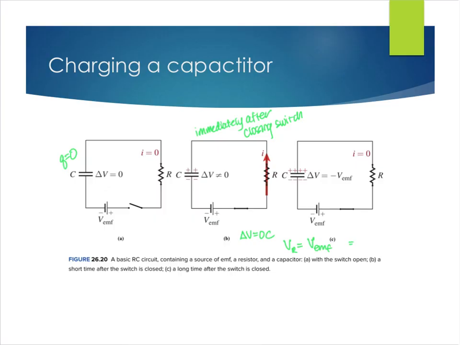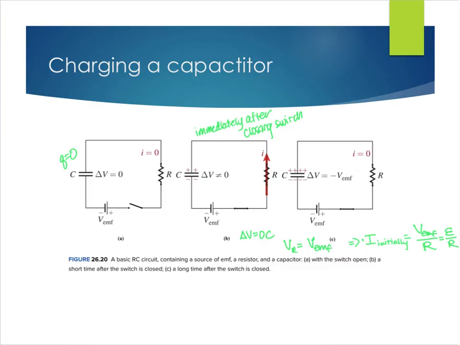And that means then the current initially is equal to the EMF of the battery over the resistance, which sometimes is written like this. That will be what happens that instant it's closed.